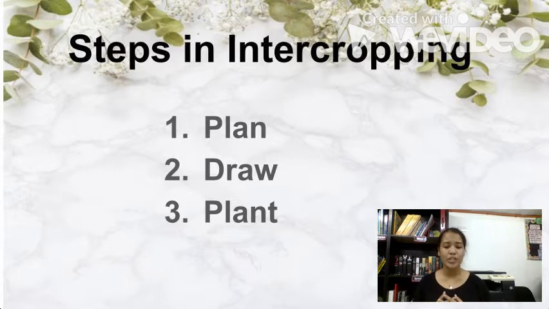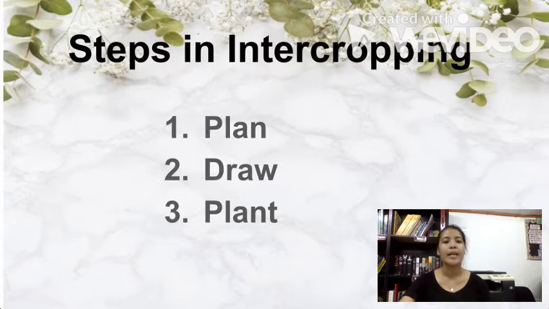Yes, you can sketch. You make a sketch of your garden plan or planting arrangement. You must also indicate the distance and spacing of each plant and write the labels. The last one is plant. At this time, you will decide how you want to grow your plants, then start preparing the soil and other related planting activities. Clear?